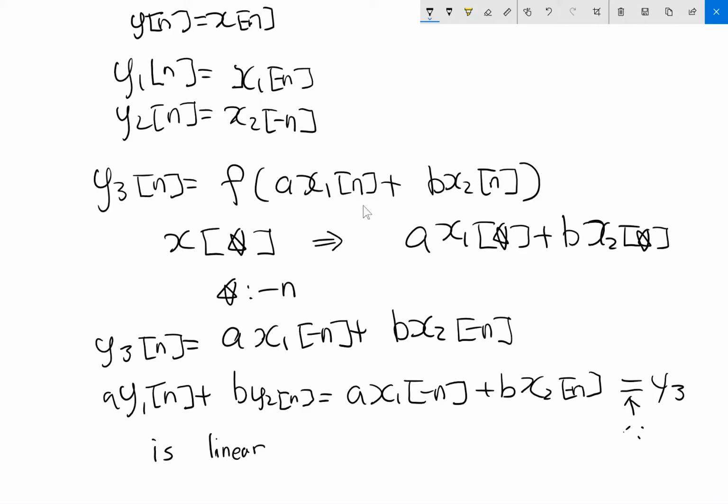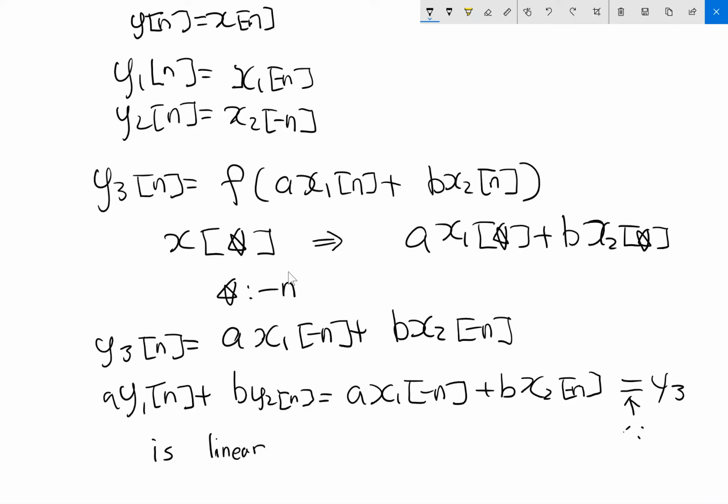So x[n] is the input. So a x1[n] and b x2[n] is the linear combination of two inputs. And this replacement is also according to the definition. But what's different from each problem is what the star is.